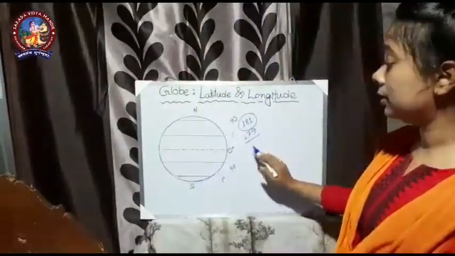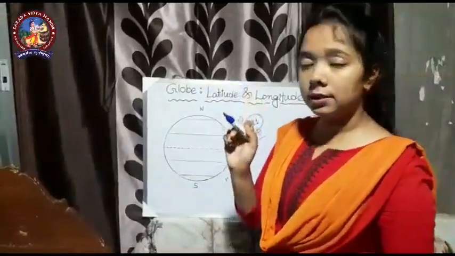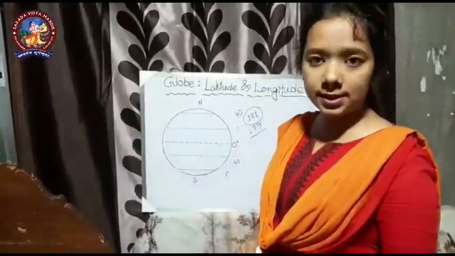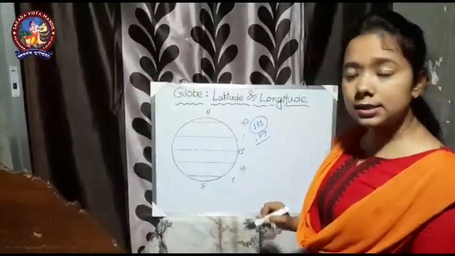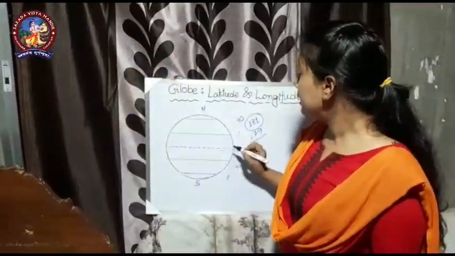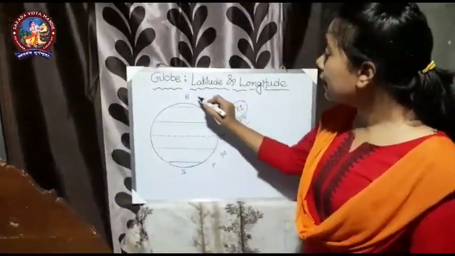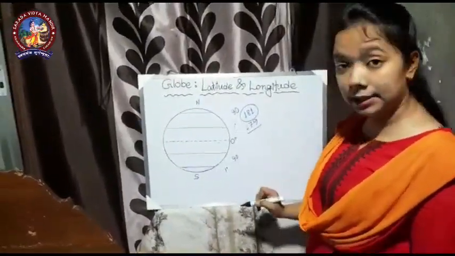Now coming to here, at the North Pole and South Pole, the latitude has no radius. So, these two are not considered in the number. Now coming to the next point, I already have told we have 90 latitudes in north, 90 in south in 1 degree interval.